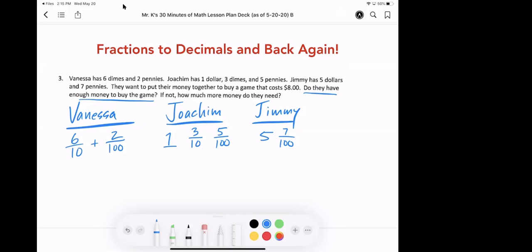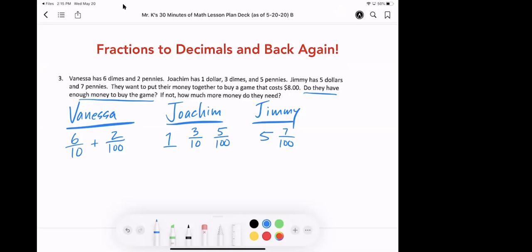Then I'm going to keep my wholes as a whole, so then I have $1 from Joaquim, plus 3/10 I'm going to turn into 30 hundredths, plus 5 more hundredths, plus 5 whole dollars, I'm going to keep that, plus 7 hundredths. All right, so I have 1 whole dollar and 5 whole dollars, so that's 6.